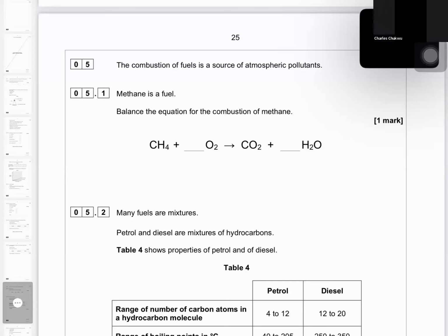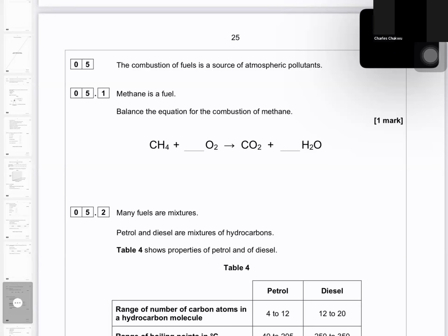Firstly, you can see H, right? The H on this side has 4 and the other one has 2. So there'll be a 2 in front of the H2O.